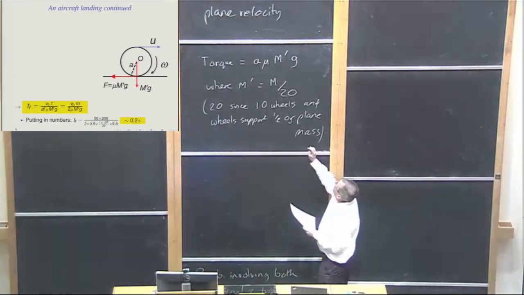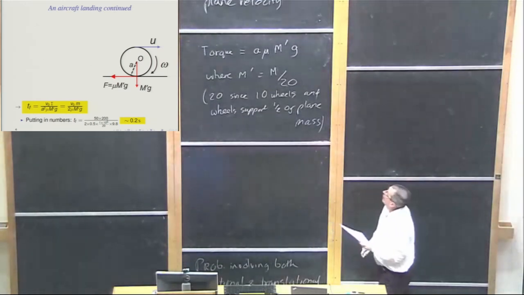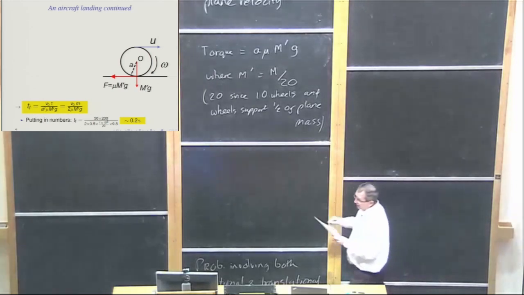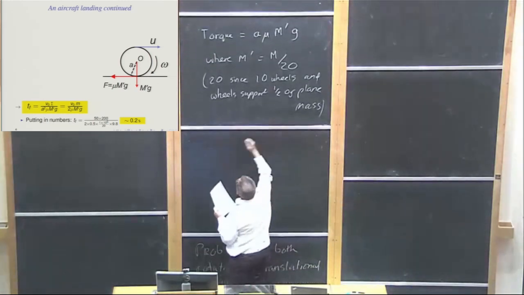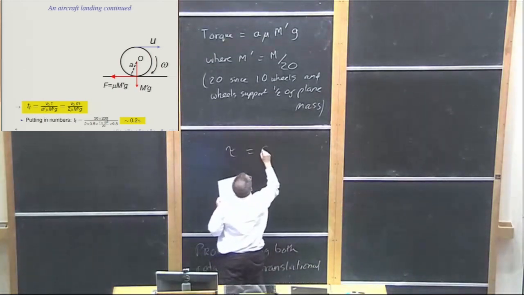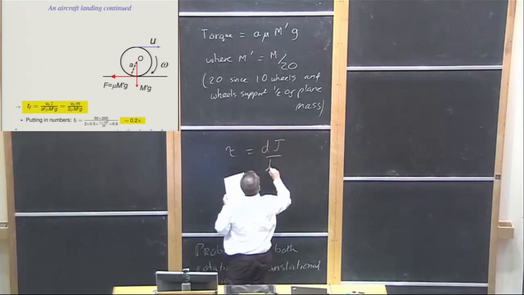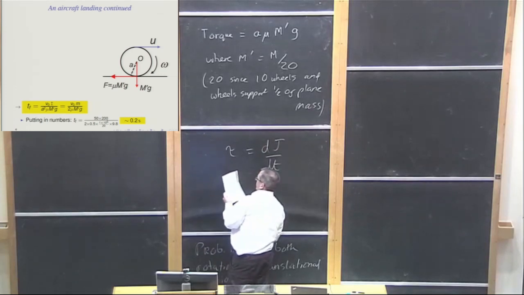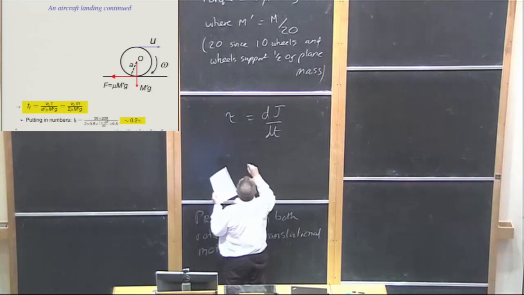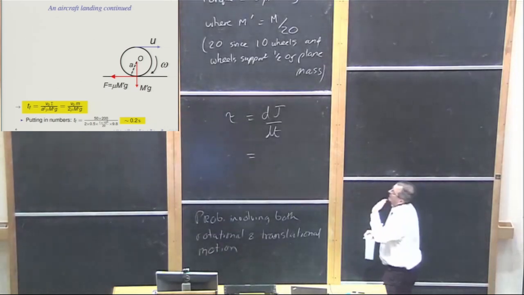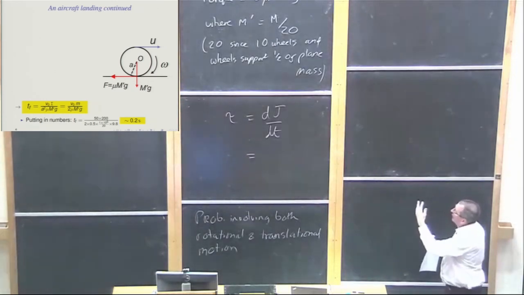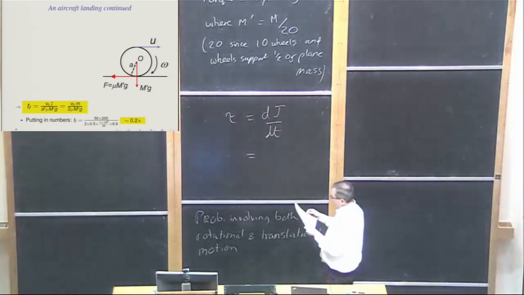Right, so we have a torque, that's great. What is torque related to? Torque is related to the rate of change of angular momentum. So torque equals dJ by dt. We're interested in the velocity at which these wheels spin.